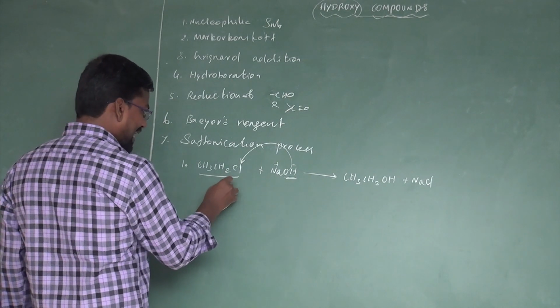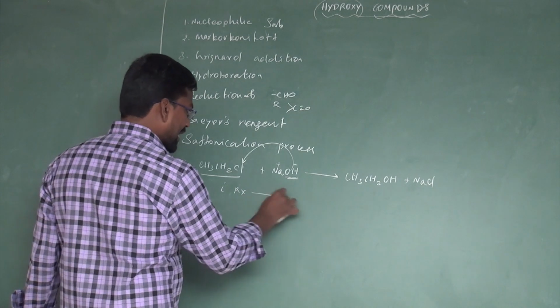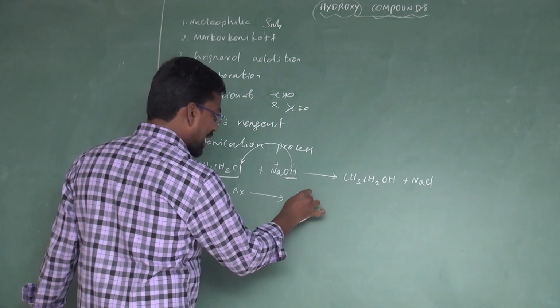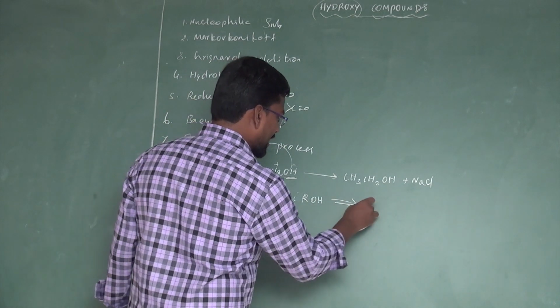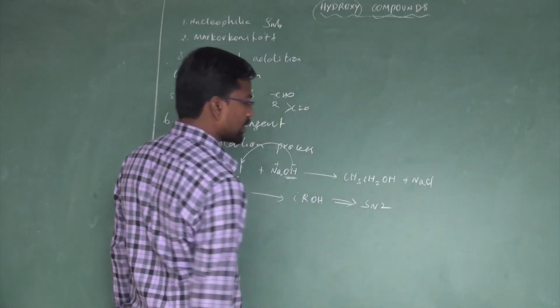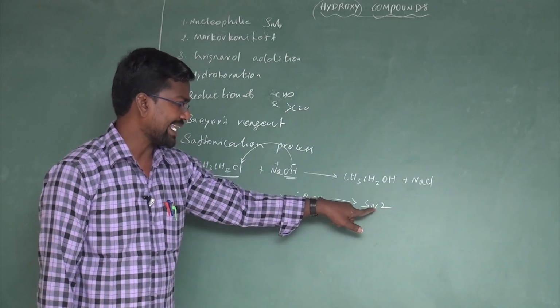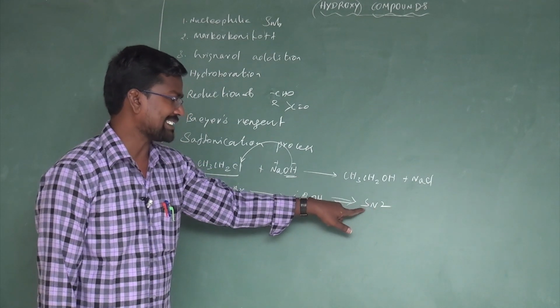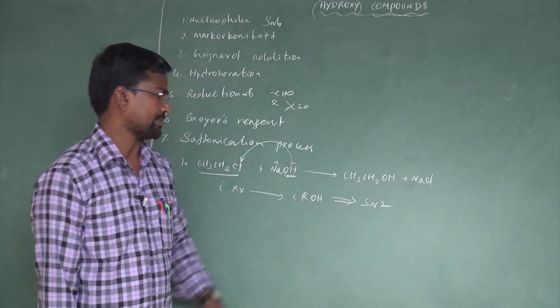Primary alkyl halide can be converted into primary alkyl alcohol. This reaction follows the SN2 reaction. 2 stands for bimolecular, N stands for nucleophile, S stands for substitution. So, bimolecular nucleophilic substitution reaction.